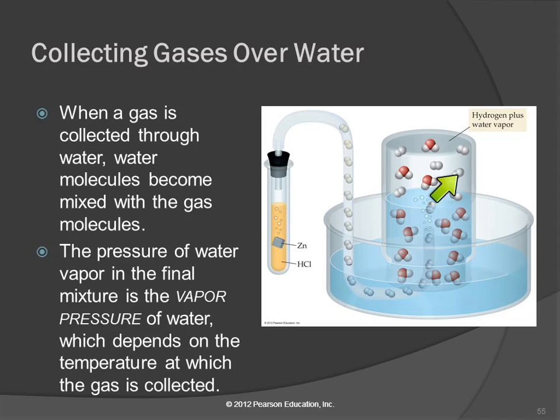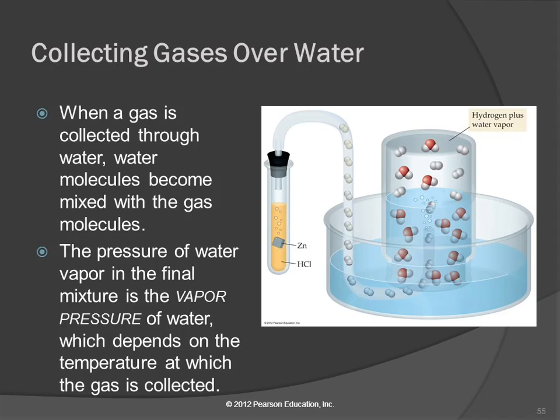If we want to know how many moles of hydrogen we made, we can measure the volume, the temperature, the pressure, and calculate the total number of moles of gas. But we have to do something about the water vapor because it can be significant. So in here we have the pressure of the water and the pressure of the hydrogen.